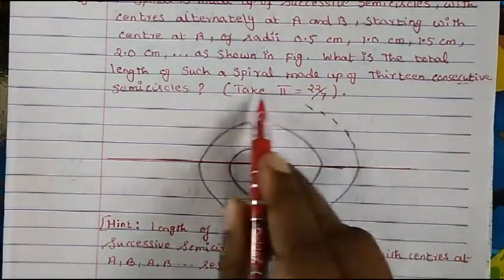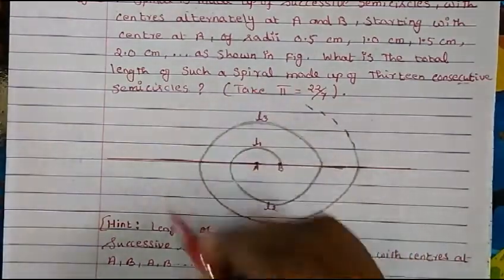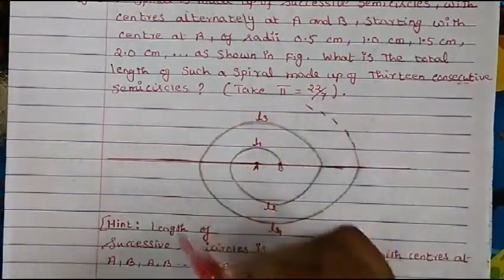So after 4, then 5, then 6, 7, 8, 9, 10, 11, 12, 13.